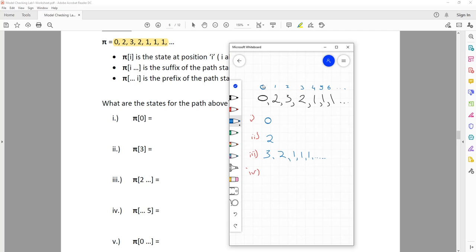So 0, 1, 2, 3, 4, 5 is 1. What is the prefix of it? So we have 1, we have a 2, we have a 3, we have a 2, we have a 0. So it's everything before index 5. Now you can equally go 0, 2, 3, 2, 1, 1.